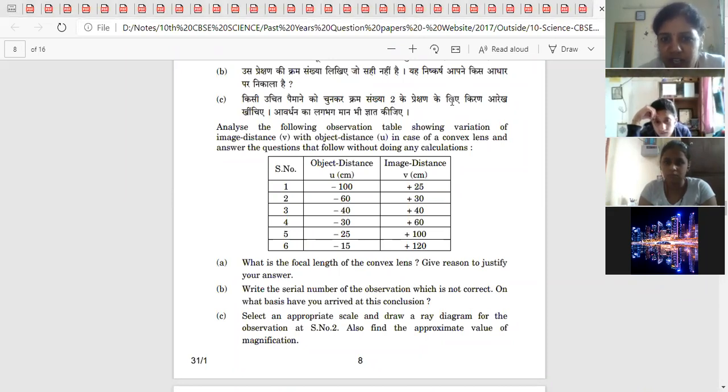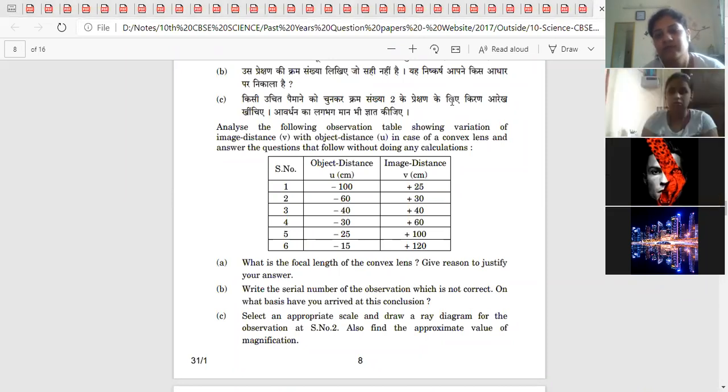So what is the focal length? 20 centimeter. So what is the justification for this? Object distance is minus 40 in the third serial number, and the image distance is also 40 centimeters. So this happens only when the object is placed at 2F1. So the image will be formed at 2F2, equal to 40.